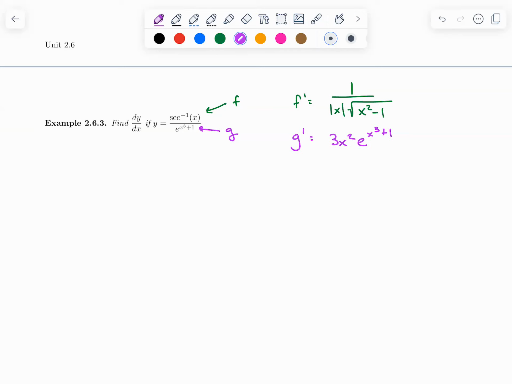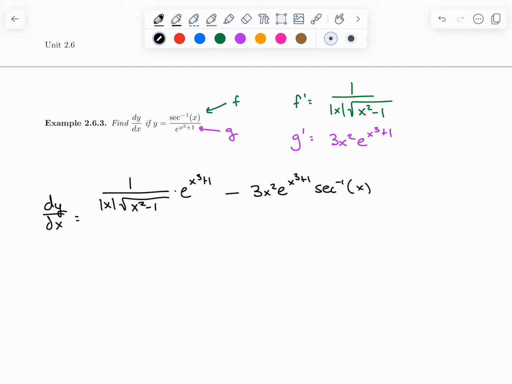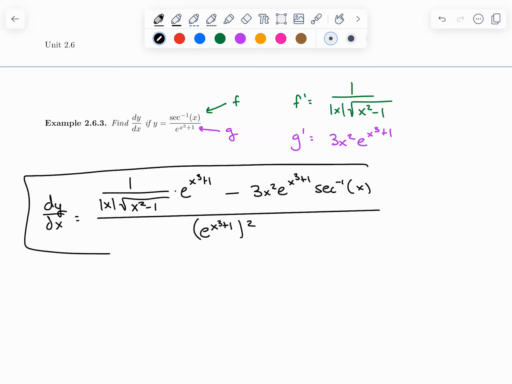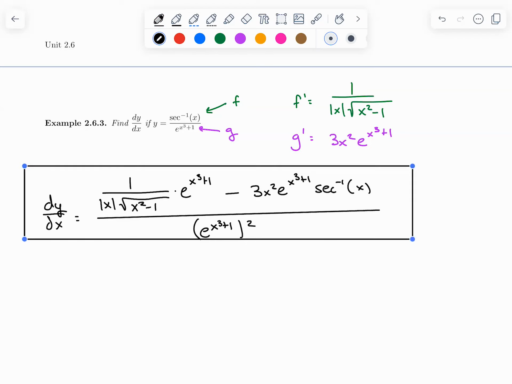So dy dx is equal to f prime, so 1 over the absolute value of x square root of x squared minus 1, times g, e to the x cubed plus 1, minus g prime, so 3x squared e to the x cubed plus 1, times secant inverse of x, all divided by e to the x cubed plus 1 squared. And we can leave it like that because we don't need to simplify it or use it for anything.